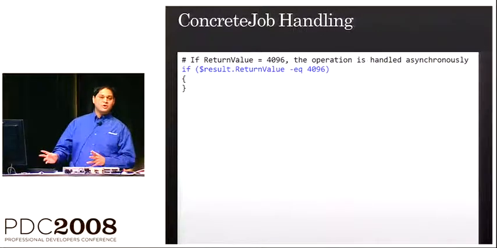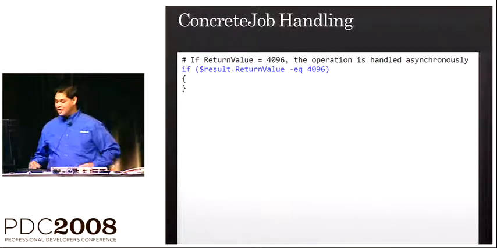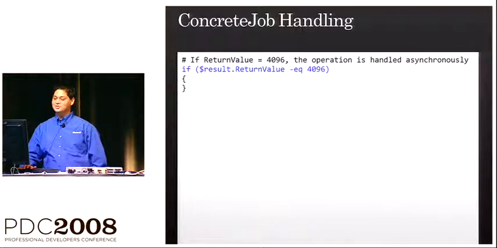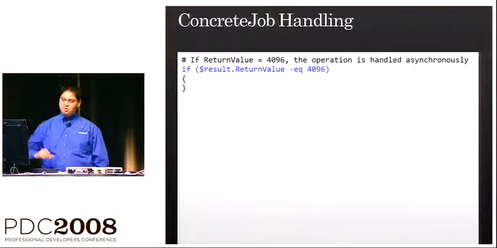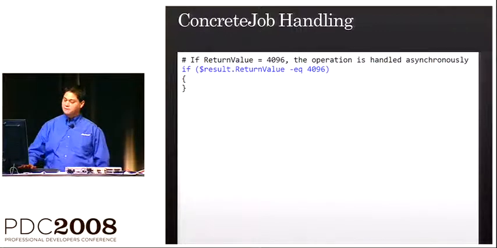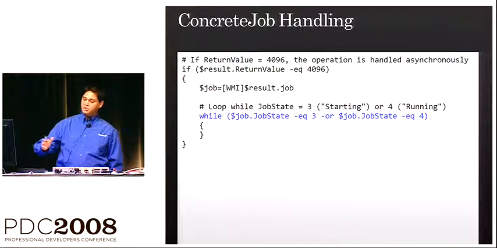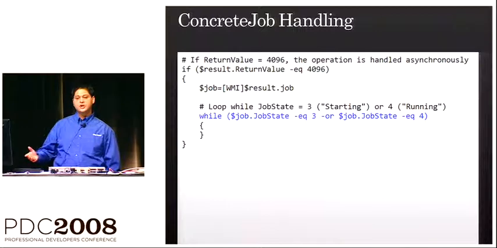Now, once you've called that API, let's assume that you didn't have any other catastrophic parameter type errors. Most likely what you'll end up getting is a return code of 4096. That's going to tell you, all right, we're going to start creating the virtual machine now. Once you get that 4096 return code, you get the concrete job object, and you check, is it still running?